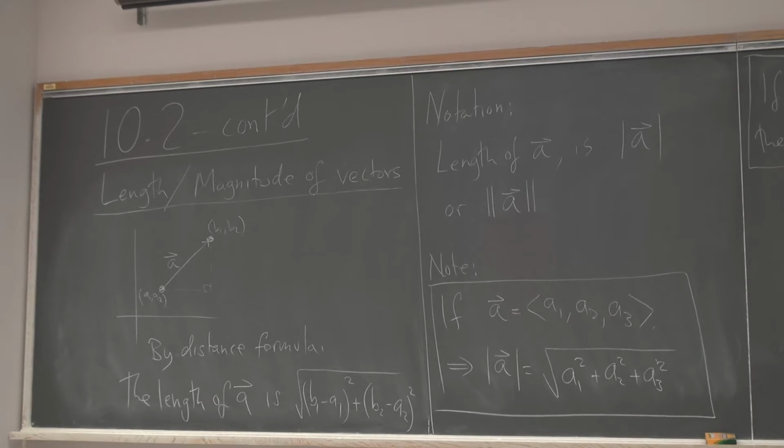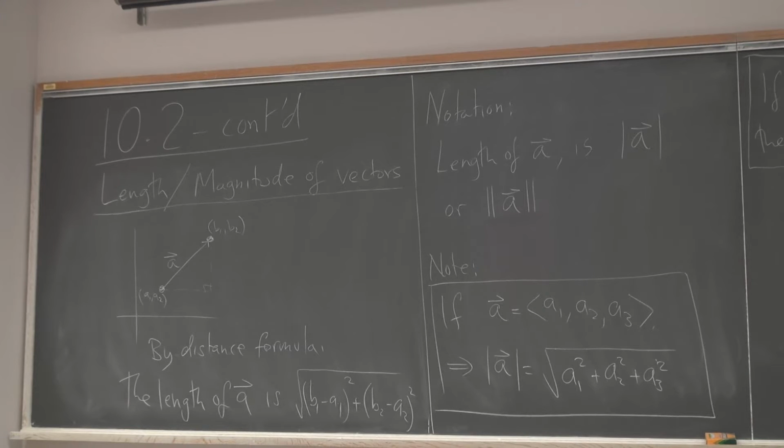We can add and subtract vectors by adding and subtracting their components. What does that mean?